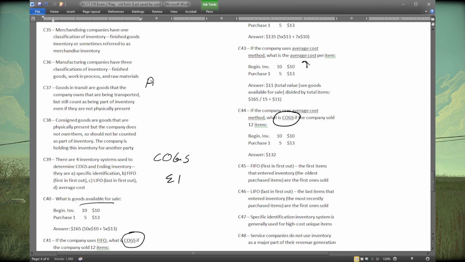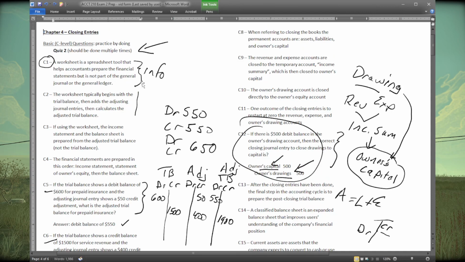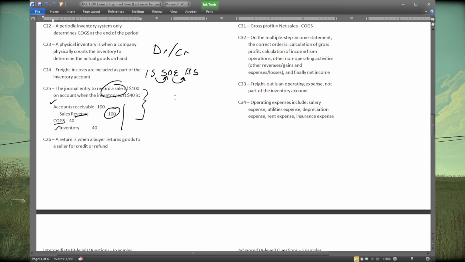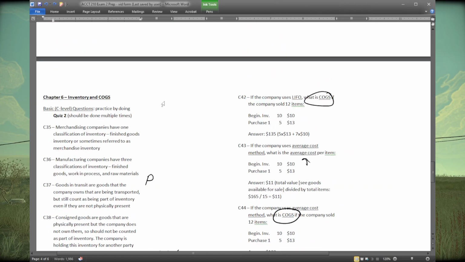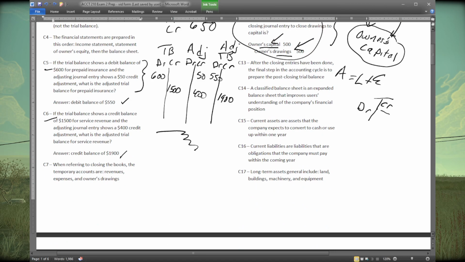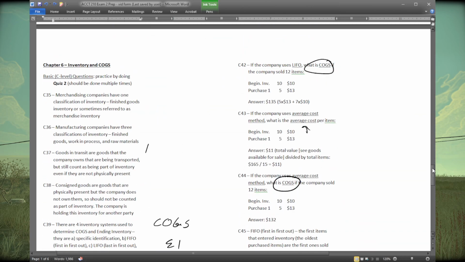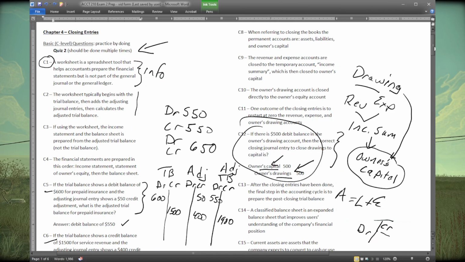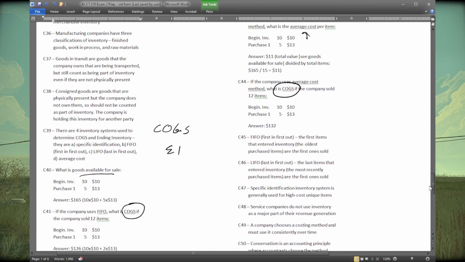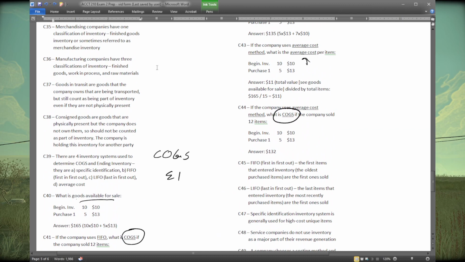Remember, the inventory equation says, oops, let me undo that one. Oops, that bumped it all the way to the top. It's interesting that it makes it go all the way up. Okay, the inventory equation is, boy, I reset everything.